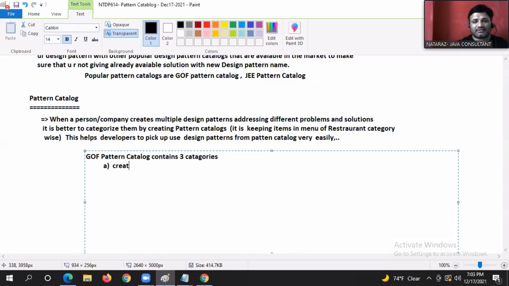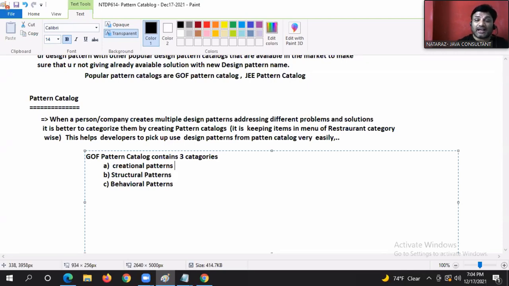Creational patterns talk about object creation, guys. Structural patterns talk about how to construct big objects by composing multiple small objects. Next, behavioral patterns talk about communication between classes and objects.